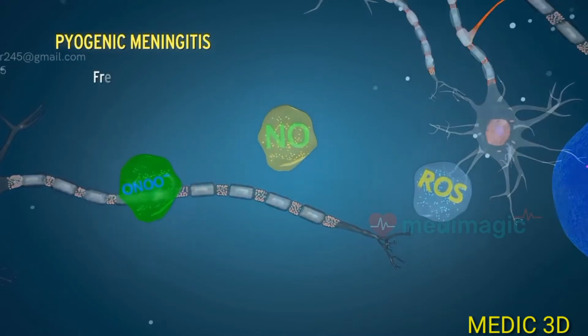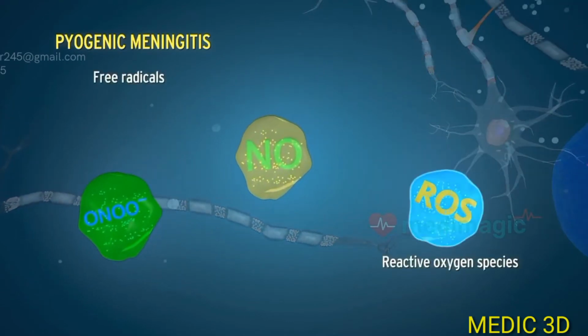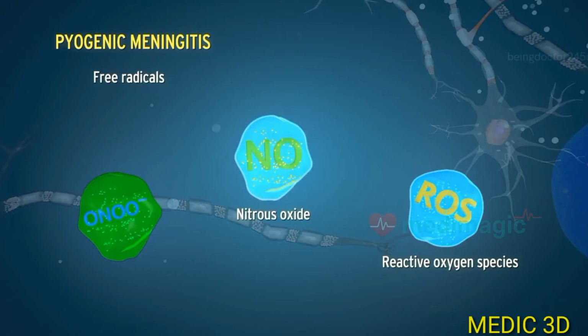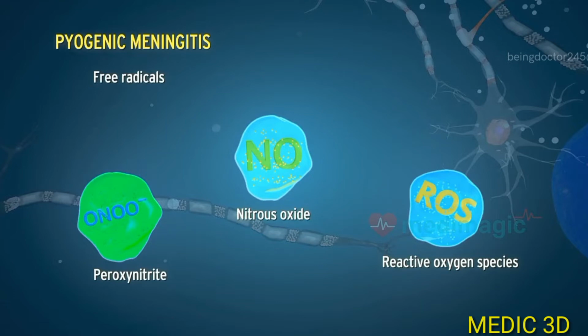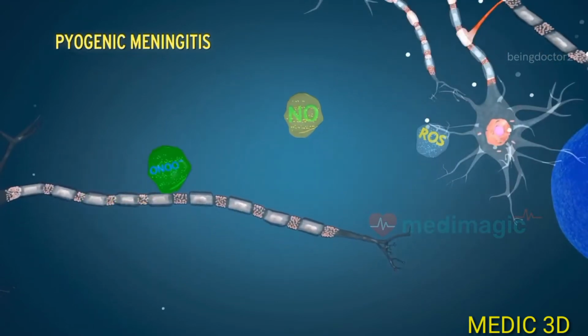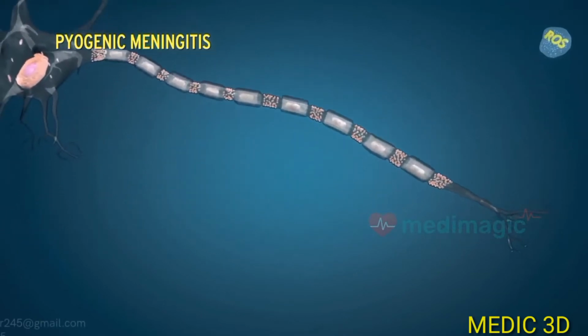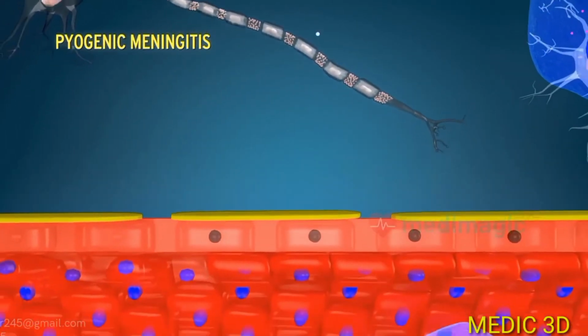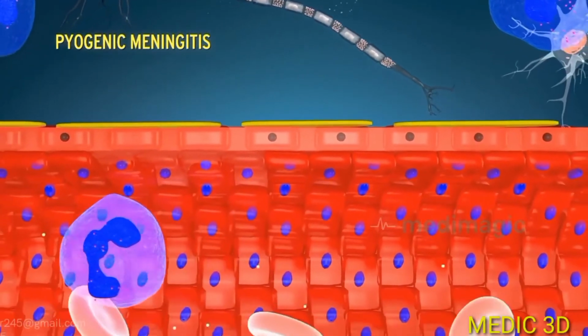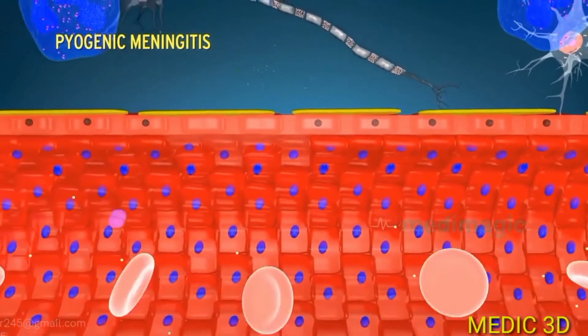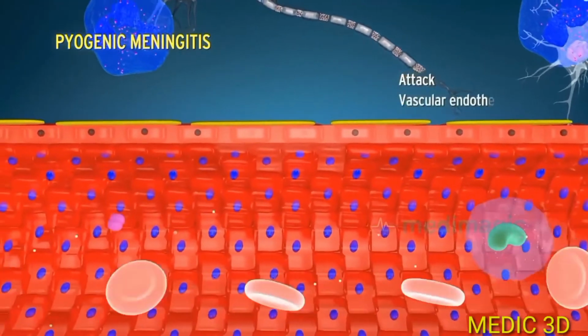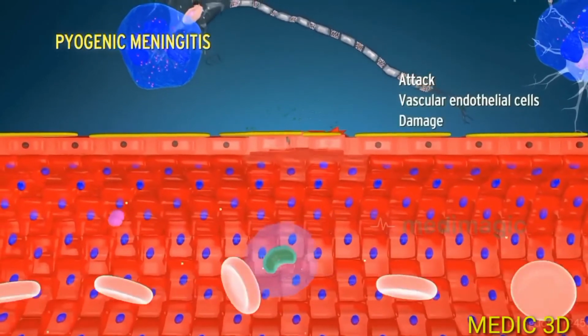In response, free radicals like reactive oxygen species, nitric oxide, and peroxynitrite are generated. These attack the vascular endothelial cells and damage them.